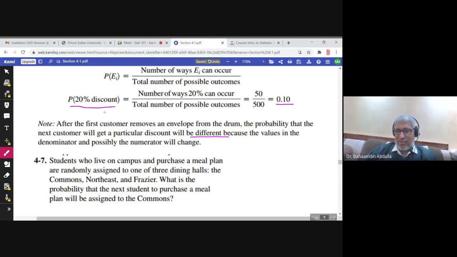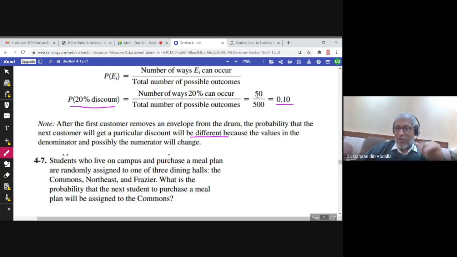Okay. If he obtained a 20% discount, then the number of 20% discount envelopes would be 49. So the probability for the second customer would be 49 over 499. But if the first customer does not obtain a 20% discount, and he obtained some other discount, then the probability that the second customer obtains a 20% discount would be 50 over 499, because the 50 did not change.